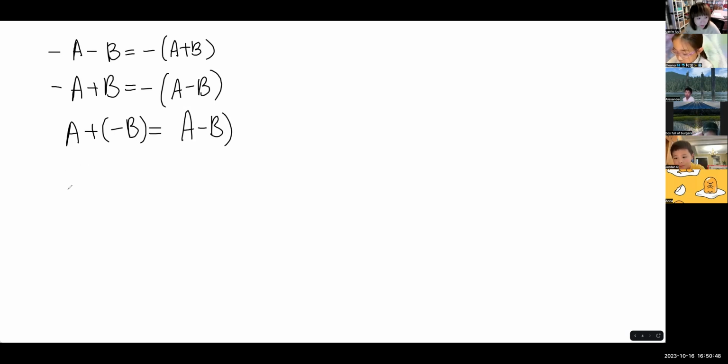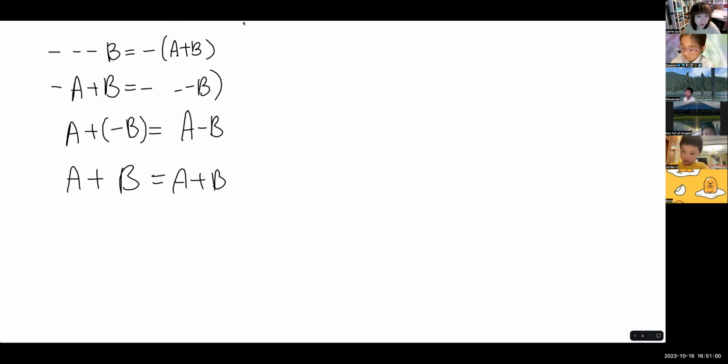Okay, so what is the last one? Positive a plus b equals a plus b. Get it, everybody? So basically we have everything here like that. Why we have this one? That's so weird. This one we don't want it.